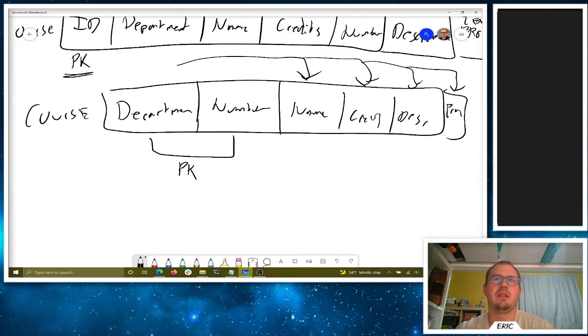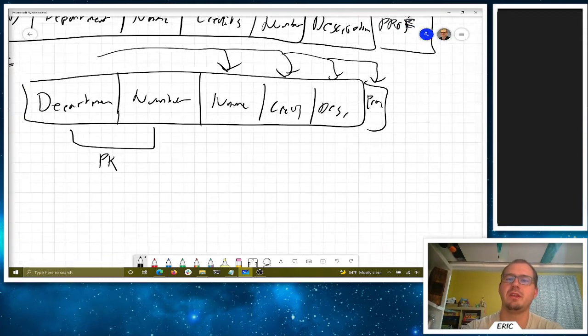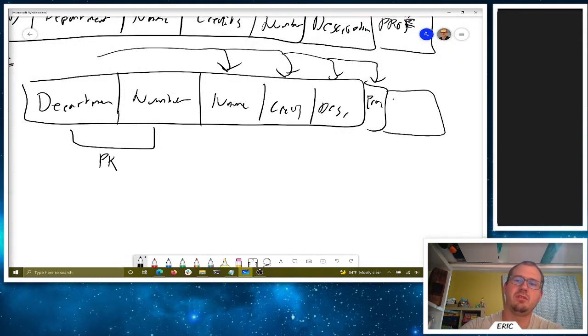So a partial dependency comes into play when you don't depend on the entire primary key. Right? So if we didn't care what department you were in, if we only cared about the number, so maybe we also had something in here like the course level, right? This was a freshman course, or this was a sophomore course, that sort of thing.